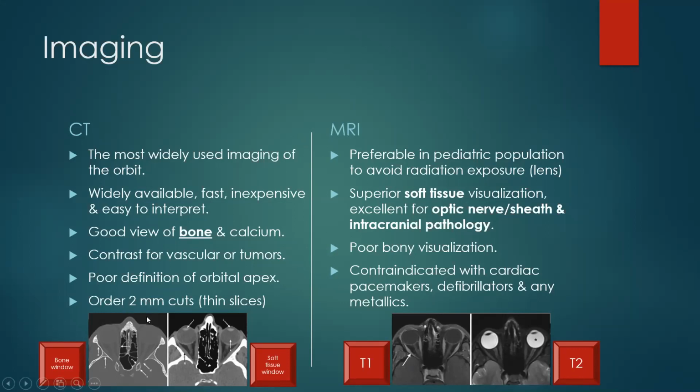As you can see, these are the two windows of CT. This is the bone window. You can see the details of the bone, but the soft tissue is not clear. This is the soft tissue window. You can see the soft tissue clearly.